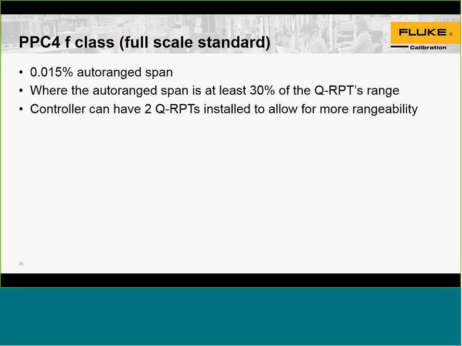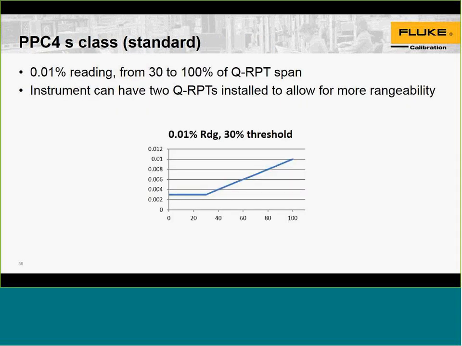You get each sensor down to its minimum 30% and get the same performance. Standard class for the PPC4 is 0.01% of reading from 30% to 100% of the QRPT span. And below that 30%, it's going to be 0.01% of the 30% value. And once again, this product can also have 2 QRPTs installed.